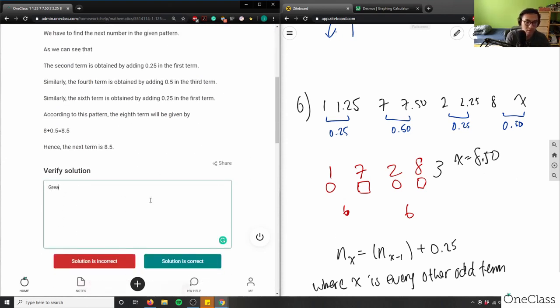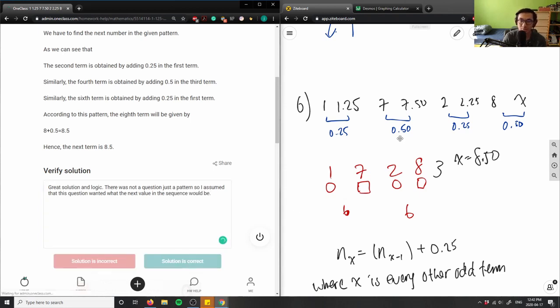So this here, I'll just say great solution and logic. There was not a question, just a pattern. So I assumed that this question wanted what the next value in the sequence would be. So the solution here is correct.